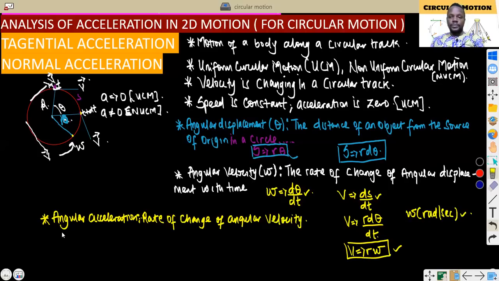Now, in a nutshell, angular acceleration is carved out from angular velocity. How do we relate angular velocity with linear velocity? We said it is r omega. If we remember from our linear velocity formula, acceleration is the rate of change of velocity, which we call dv by dt.